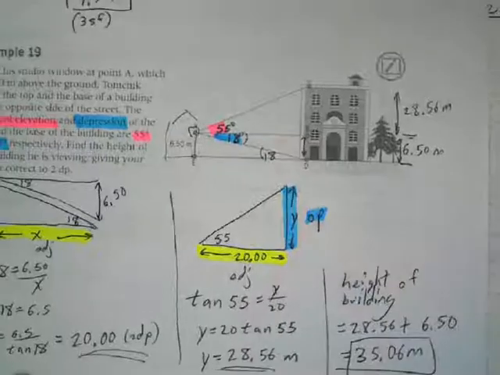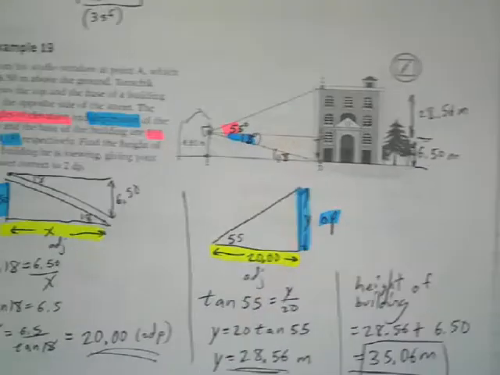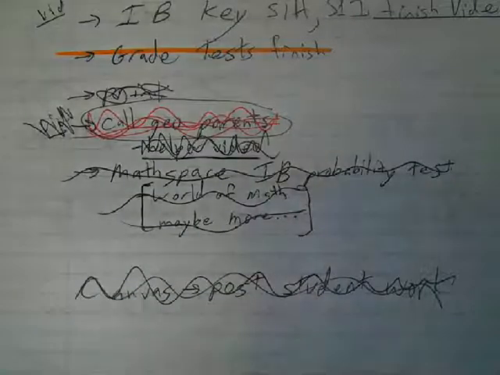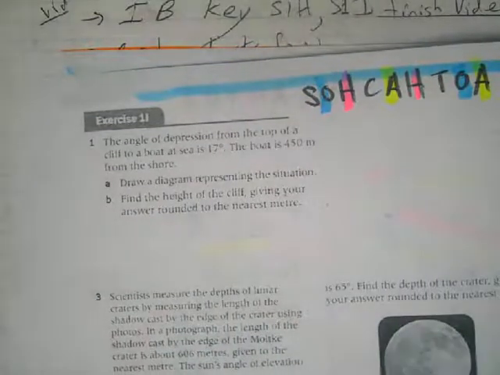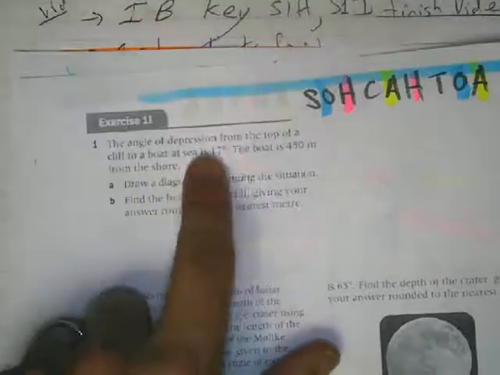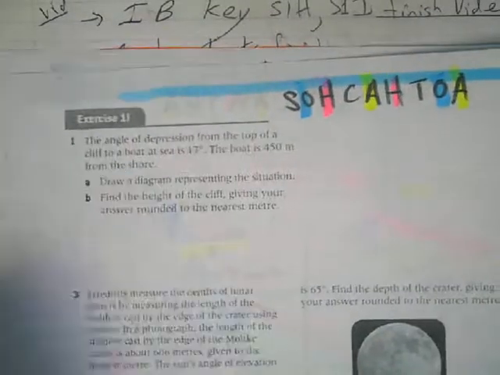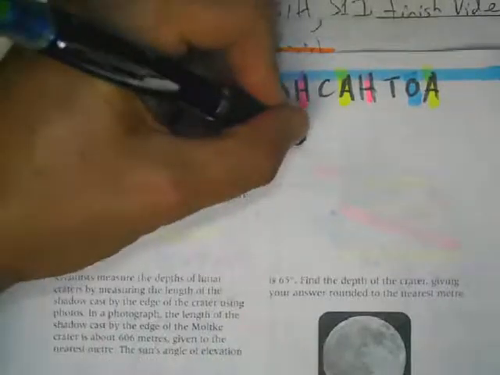You may hit pause and look at this some more if you need extra time. The angle of depression from the top of a cliff to a boat is 17 degrees. So here you are on the top of a cliff.